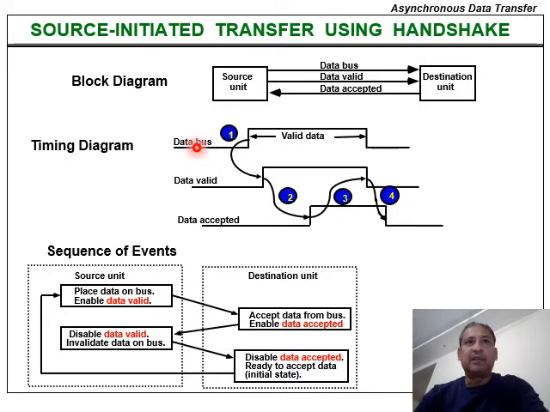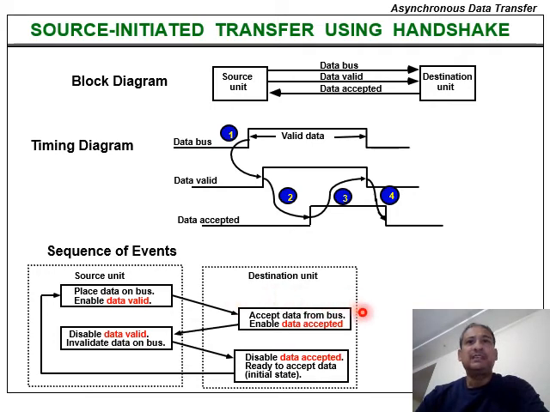Let me repeat. The source unit puts some data on the data bus, and at the same time it sets the data valid signal, indicating to the destination unit that a fresh piece of data has been put on the data bus.